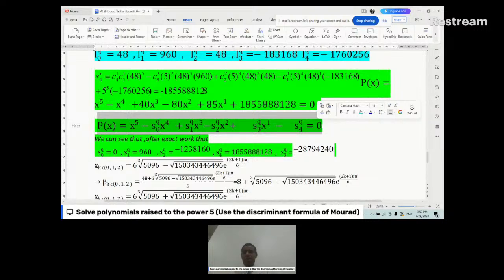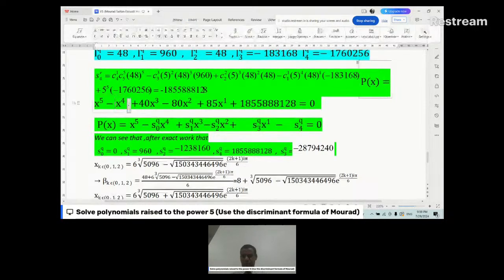Now I'm going to focus on this new polynomial. This is x to the power 5; I could write minus 0 times x to the power 4, no need, but I'm explaining this. Then plus 960.